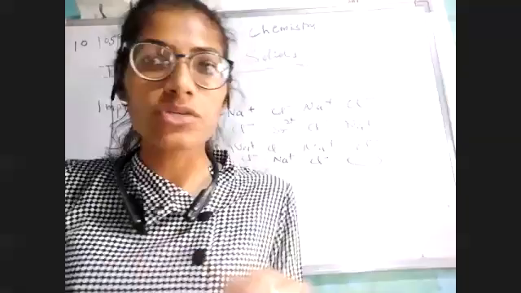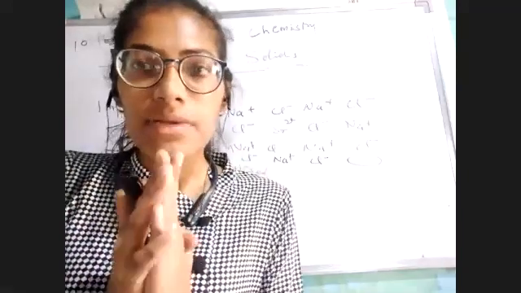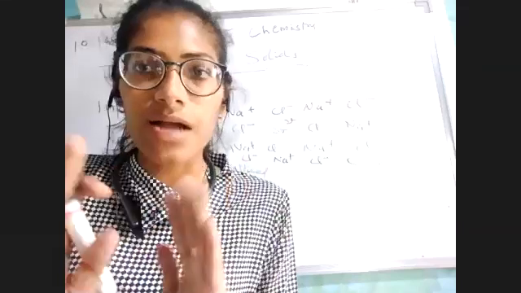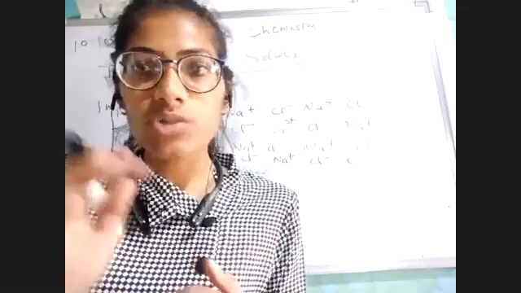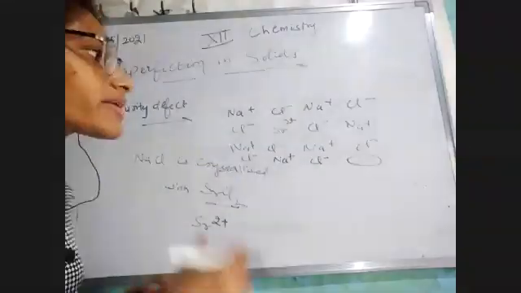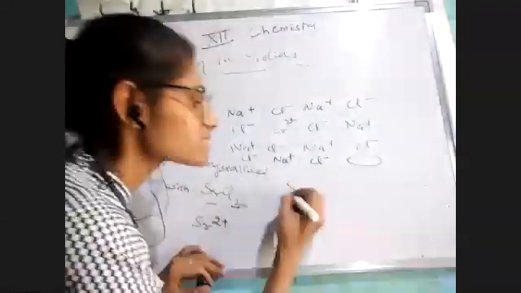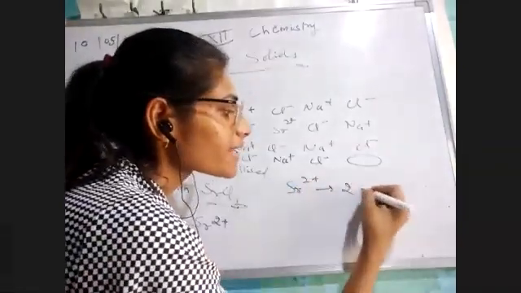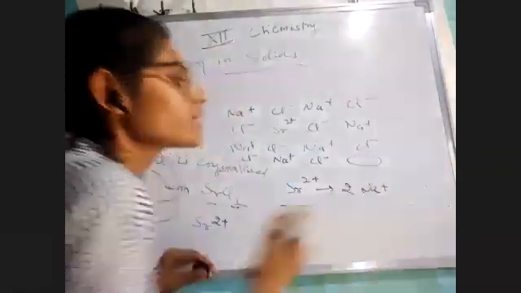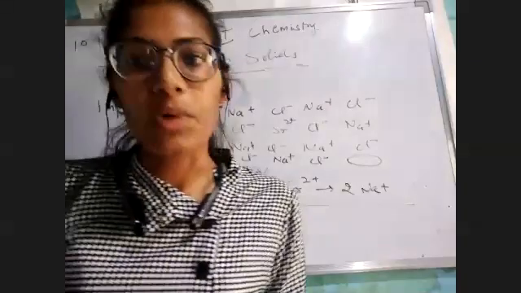Don't ever miss the topic that we have to keep the compound neutral. We can't make it positively charged or negatively charged. And strontium is 2 positive, so it has displaced 2 Na positive. And this is known as impurity defect.